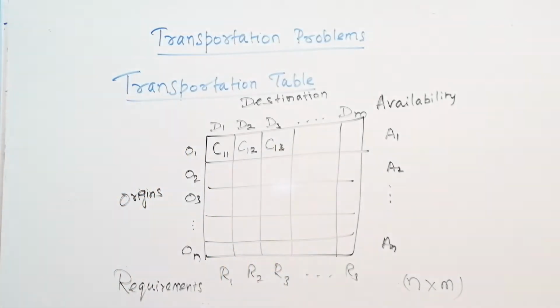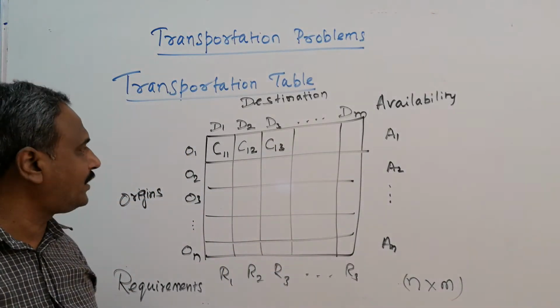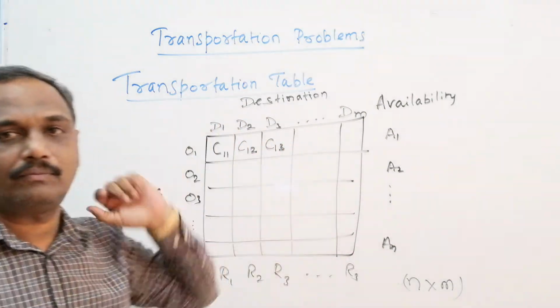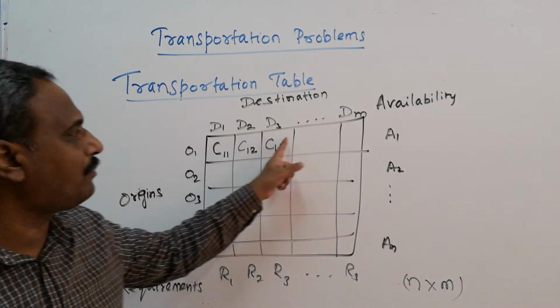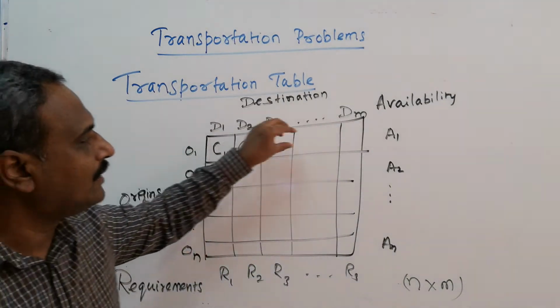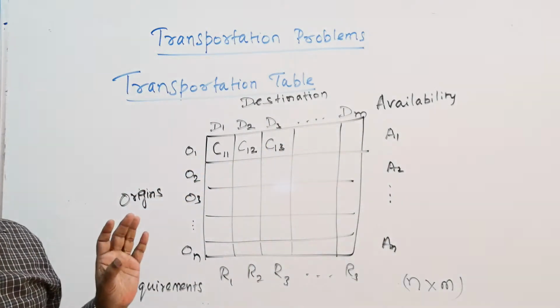Like this, we define the cost of transportation from the origin to the destination in each cell. Each square box is called a cell. We define the cost in the cells.